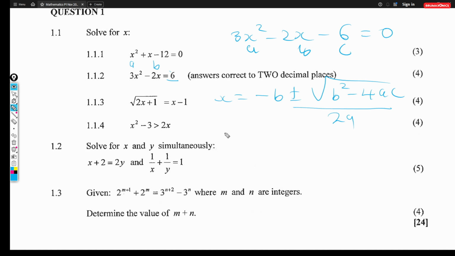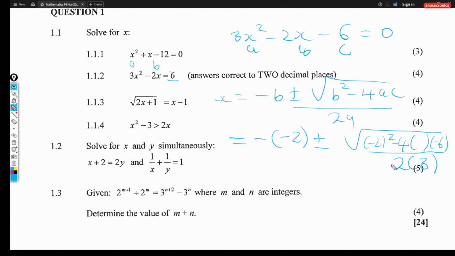And then with that, you are going to substitute the values: negative b, which is 2, plus or minus, and then our b will be negative 2 squared minus 4, our a will be 3, and then our c will be negative 6, all over 2a, which is 3.